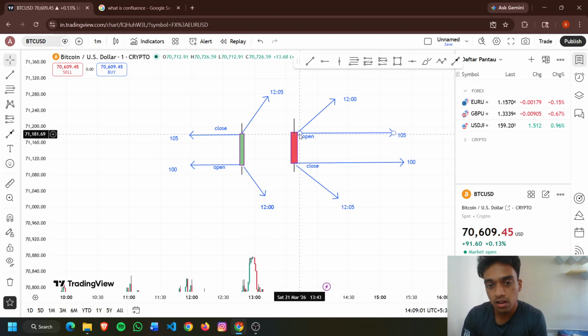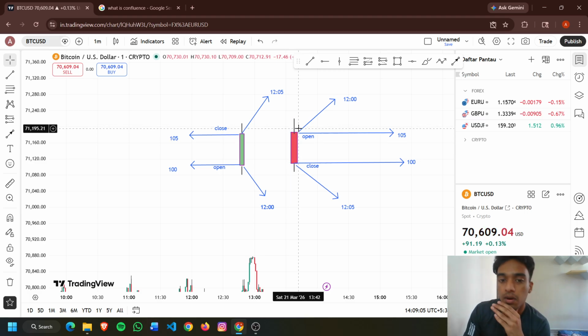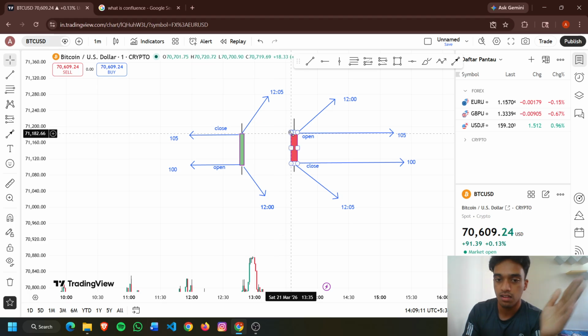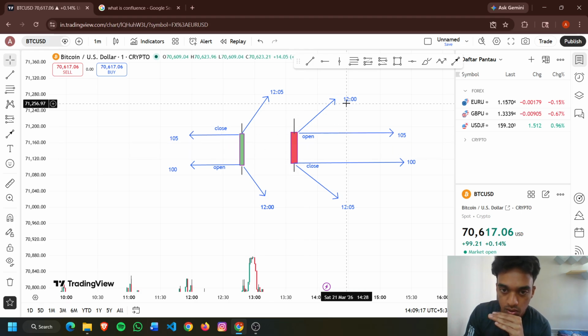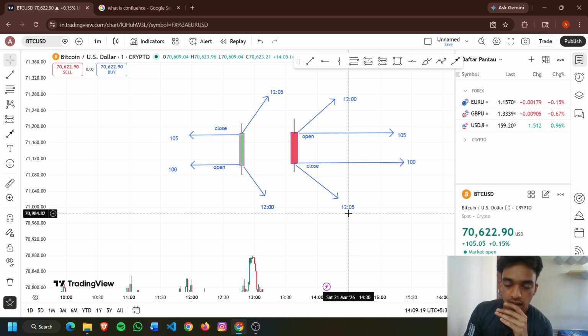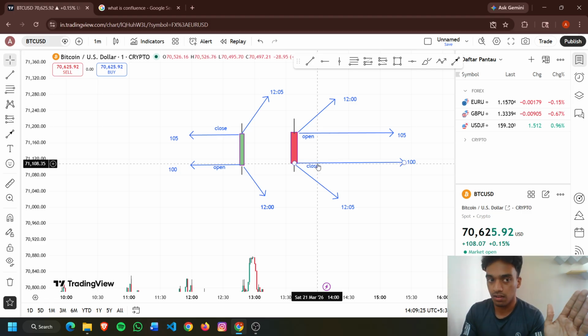And then if it's a bearish, if it's a red candle, the open price will start over here, the top part. Just say this candle has formed. So the candle opened over here, it just went down, down. It was 12 o'clock, and then by 12:05 the candle closes over here because we took it as a 5 minute time frame.